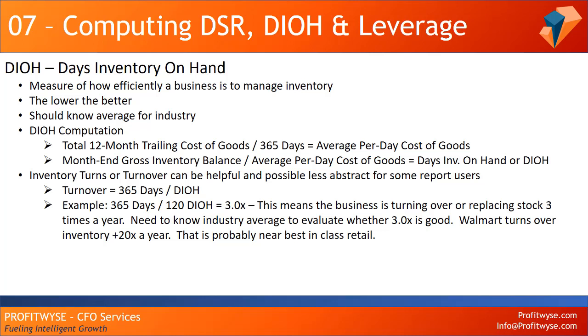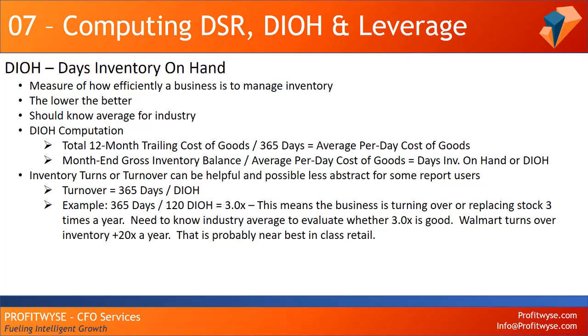Then we take our month-end gross inventory balance, and we divide that by the factor that we just computed, how much cost of goods we ship per day, and then that tells us how many days of inventory we have on hand. Now, I've never seen anybody use a look-back formula to compute days of inventory on hand, but I guess you could do that if you really wanted to.